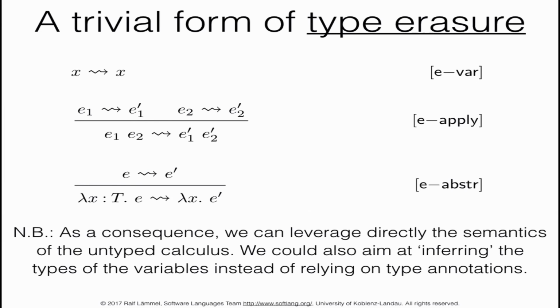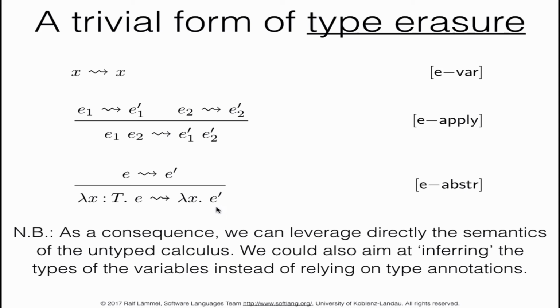And by the way, we can of course translate the simply typed lambda calculus into the untyped lambda calculus. This is also called type erasure, that we remove type annotations. So variable references just go to variable references, function applications just go to function applications, and lambda abstractions with type annotations go to lambda abstractions without type annotations.